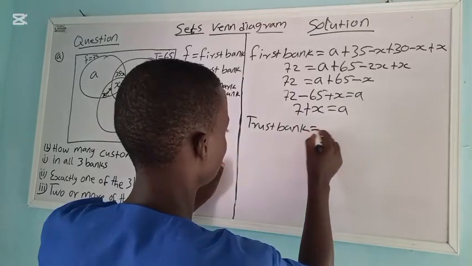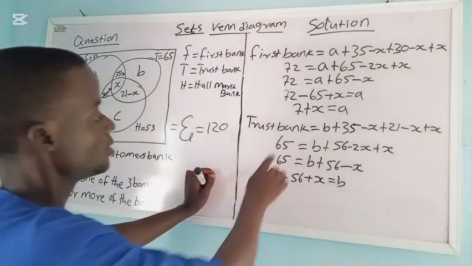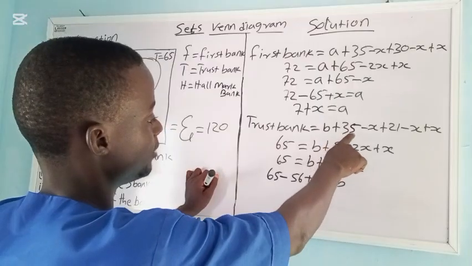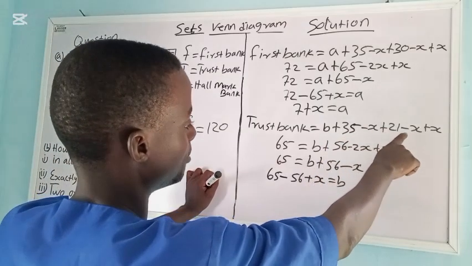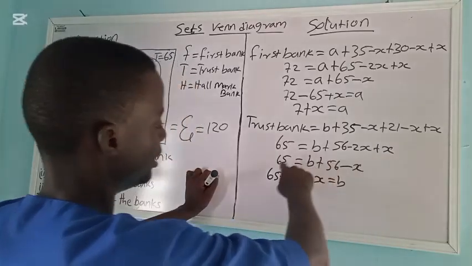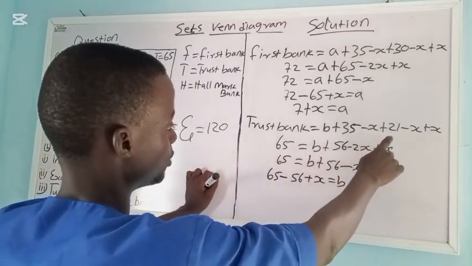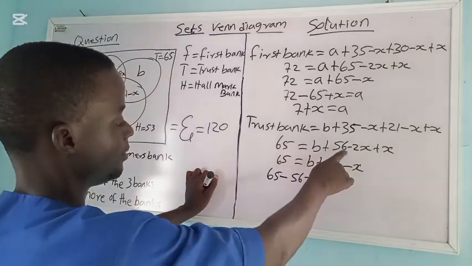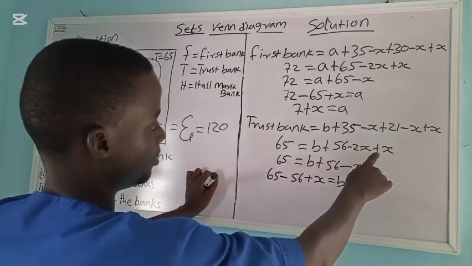So Trust Bank equals B plus. Now for this one we have 35 minus x plus 21 minus x plus x. Then we collect the like terms: 35 plus 21 gives us 56 minus 2x, that's just this one plus x.